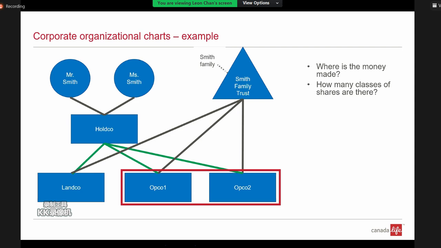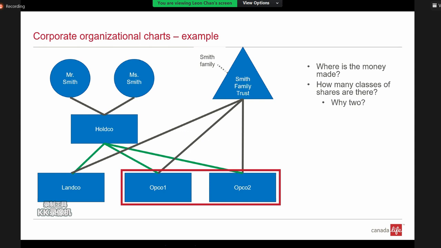So in this scenario, you can see that Holdco owns shares of the three entities below, but the family trust does as well, right? Why are there two? Well, potentially they could be looking at a sale of the business in the future.